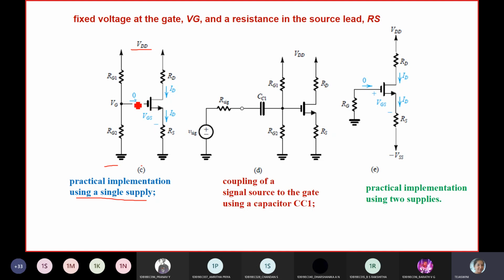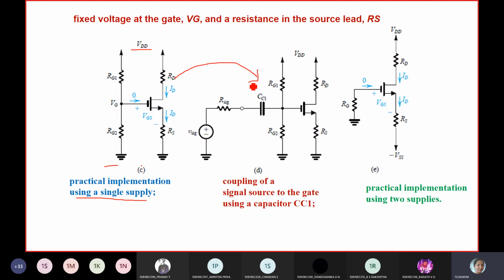You can observe no current flows into the gate. That's why the arrow here under 0 indicates no current flows inside the gate. That's why resistance is infinity. Okay, high input resistance. So this I will prefer practically.